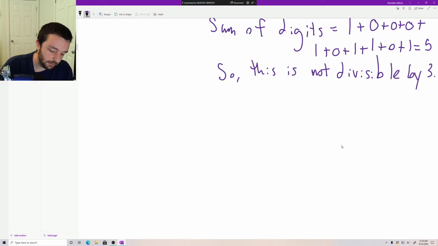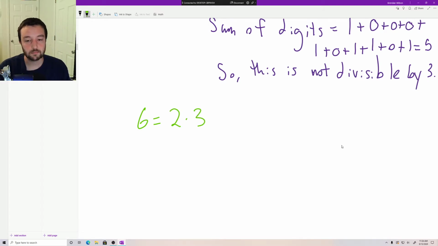In fact, if we think about the number 6, 6 is 2 times 3. In order for a number to be divisible by 6, it has to be divisible by both 2 and 3, because that's how we make up 6, right? So all we have to do is take our last 2 tests and combine them.